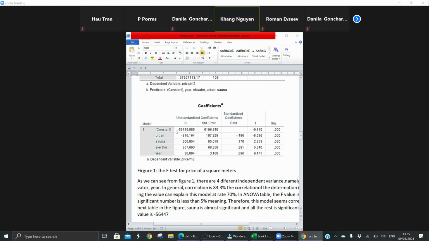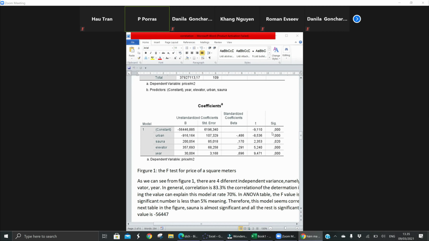Because I see the constant is so awkward. It doesn't matter whether it's awkward or not. What you read is the significance column. If there is a number which is more than 5%, then you think about excluding that variable. And in your case, none of them is more than 5%, so you shouldn't exclude any of them.